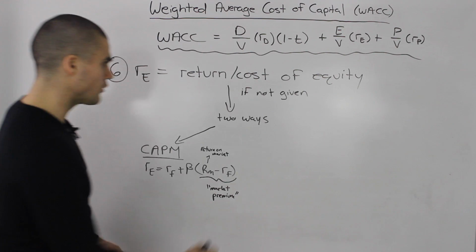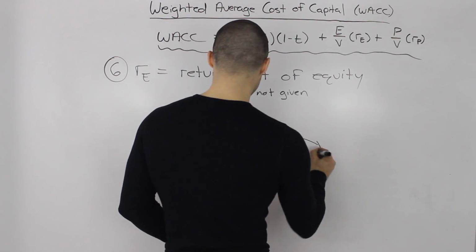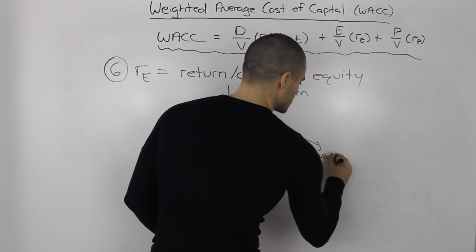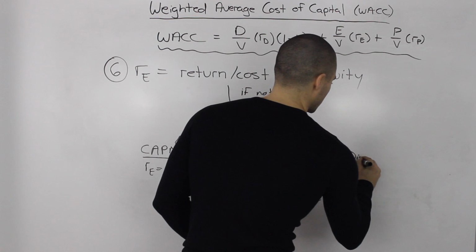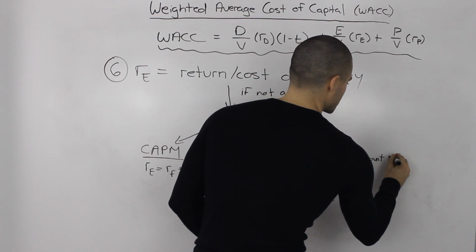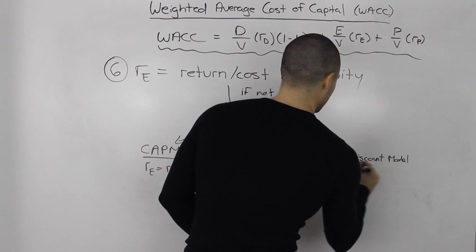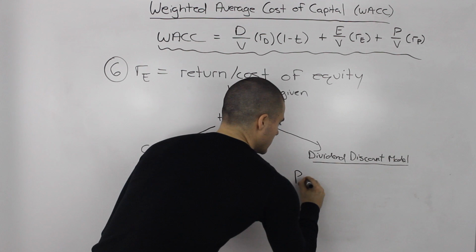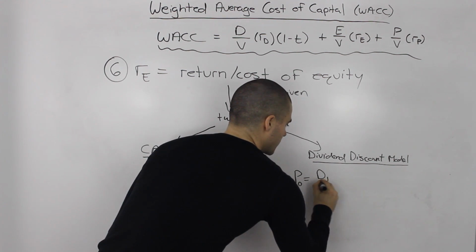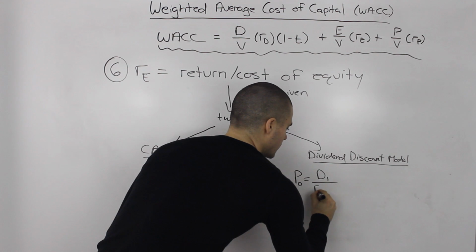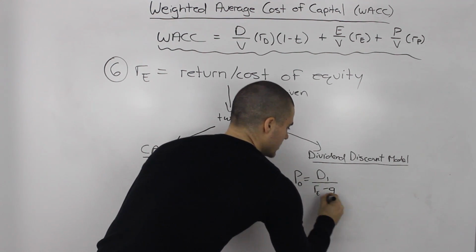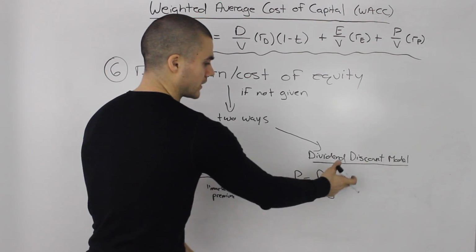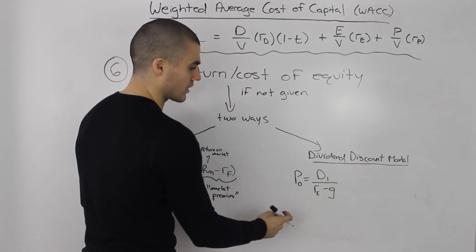Now, the other way to calculate the return on equity is from the dividend discount model. So dividend discount model, this is review from the stock chapter. If you recall the dividend discount model, you calculate the price of the stock by taking the dividend over the return on equity, which is RE, minus G. That's the general formula for calculating a growing dividend price of a stock.